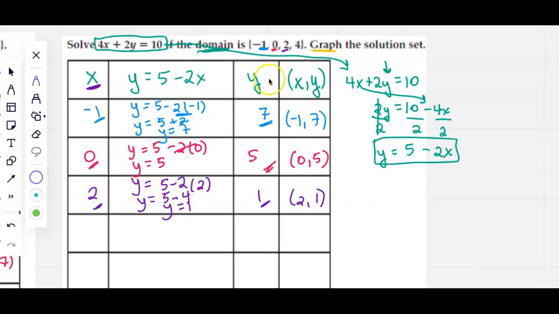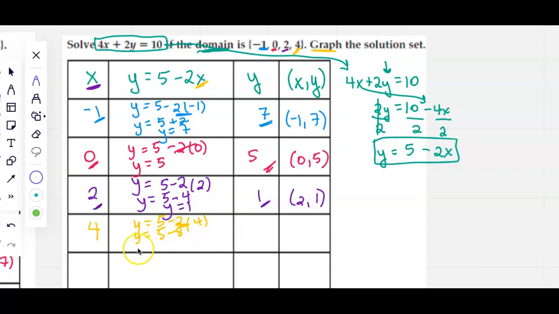All right, last one is 4. Once again, it's our x value, so we're going to drop down our y equals 5 minus 2 times our x, which is now 4. There we go, we get y equals negative 2 times 4, which will give me negative 8, so 5 minus 8.